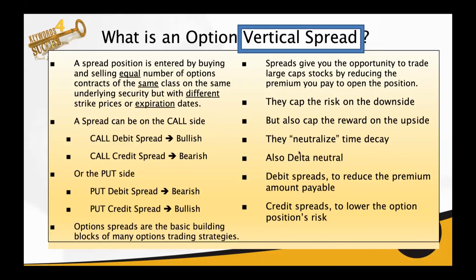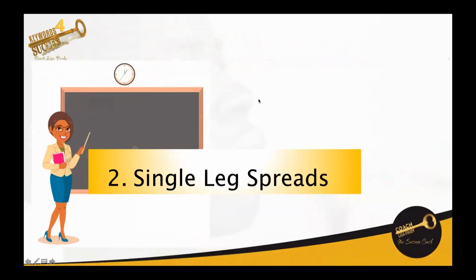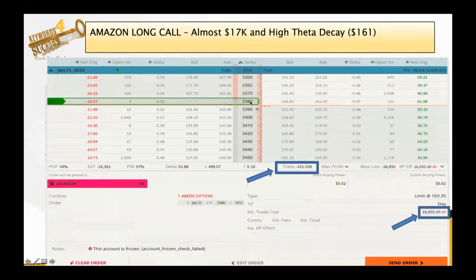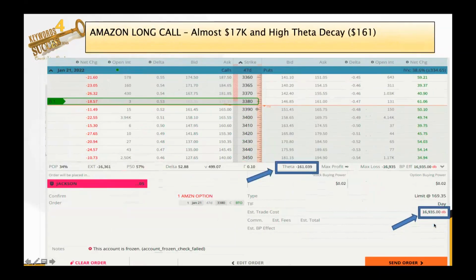All right, so that's what I just explained there. If you buy a naked call for Amazon, for instance, this was last week, you buy this option over here. Well, this is your theta exposure. This is how much you tend to lose should things go completely wrong on you.